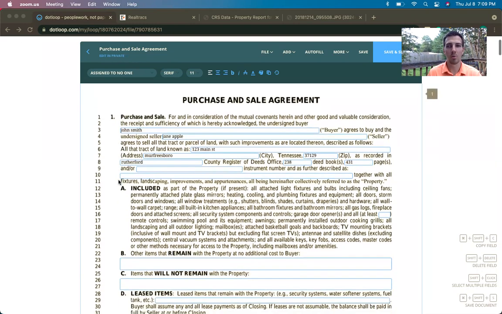I'll go line by line on important items, and then I might just breeze over a couple other sections. But with this contract, the most important thing to remember is as a realtor, we are glorified blank fillers. That's the best way I can put it.